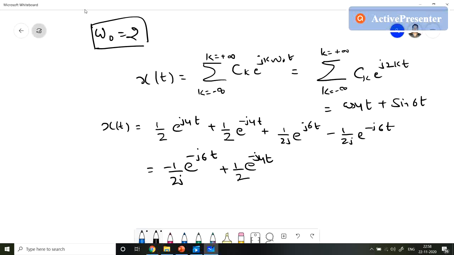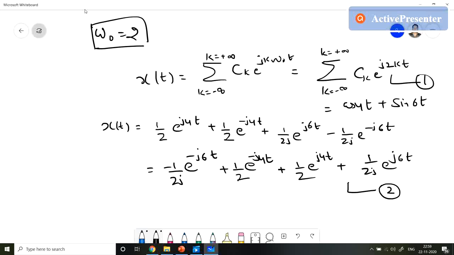Putting all these negative and positive values at one place, these two are negative and the rest is positive. So it is plus 1 divided by 2 e raised to the power j4t plus 1 divided by 2j e raised to the power j6t. Now we compare it with the complex exponential Fourier series, so this is equation number 2 and this is equation number 1.